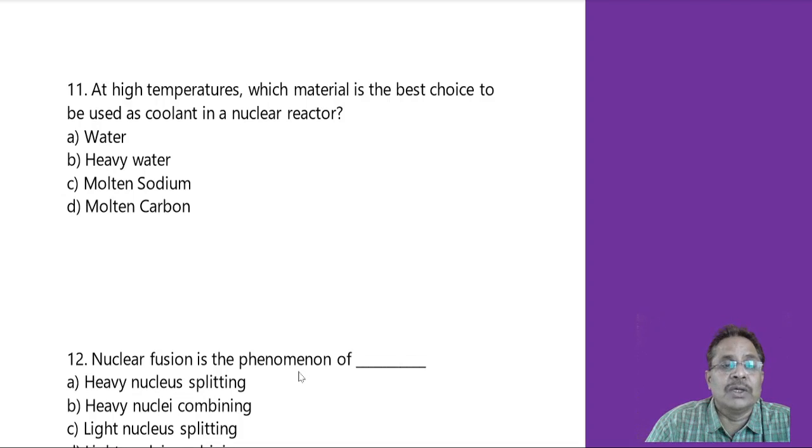Therefore it is not an efficient coolant, or it cannot take the entire heat generated inside the core to the surroundings, and therefore in that case molten elements like sodium etc. can be used. So at very high temperature, molten sodium etc. are the best coolant used in the nuclear reactor.